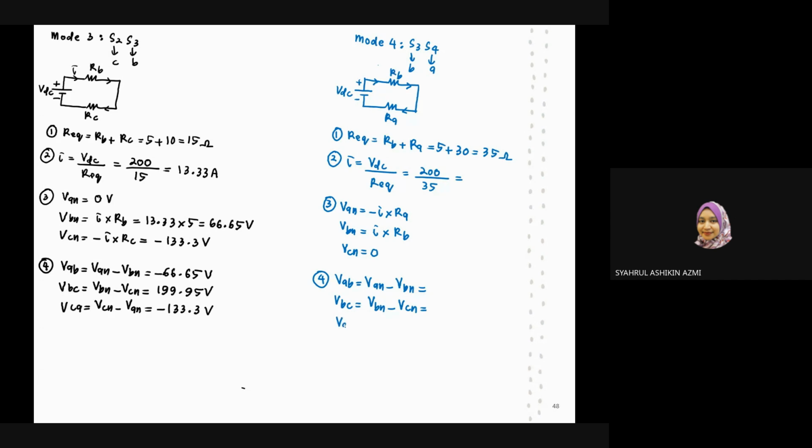And lastly, VCA is VCN minus VAN. Current, 200 divided by 35, what do you get? 5.71 ampere. Okay, VAN, negative 28.55. Alright, thank you.